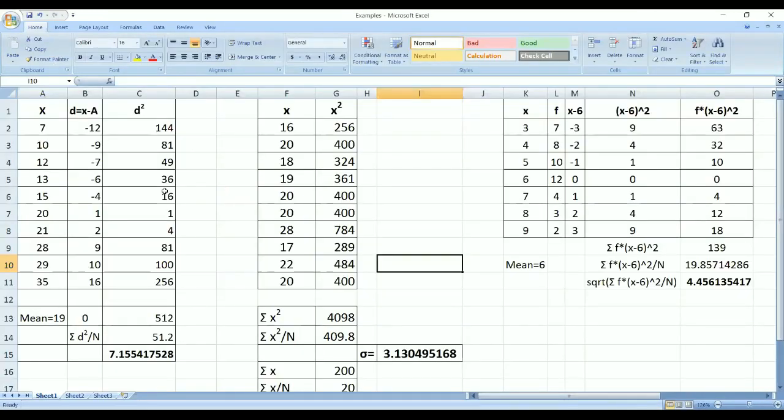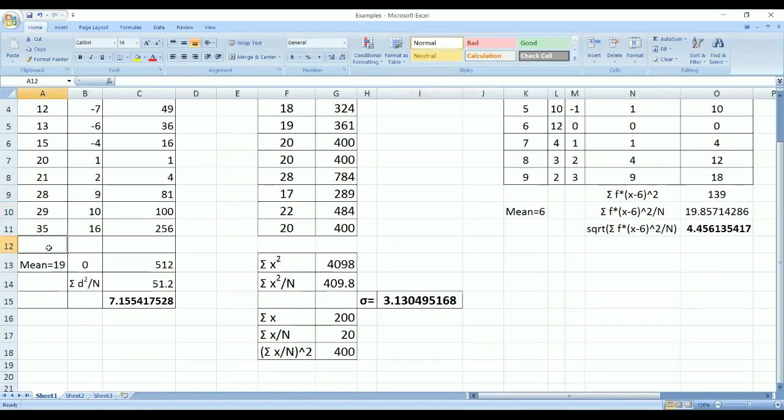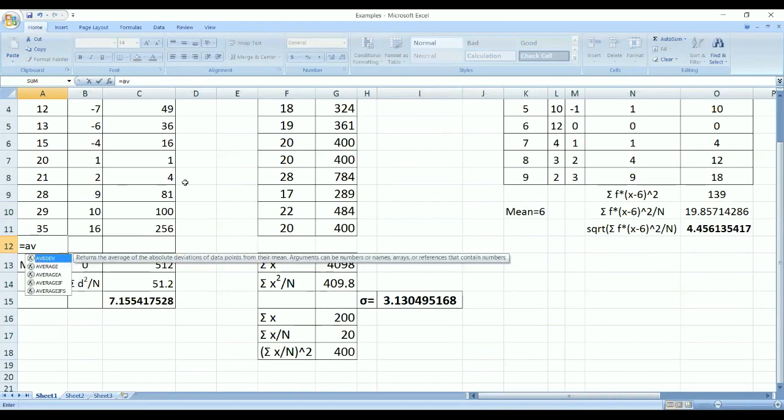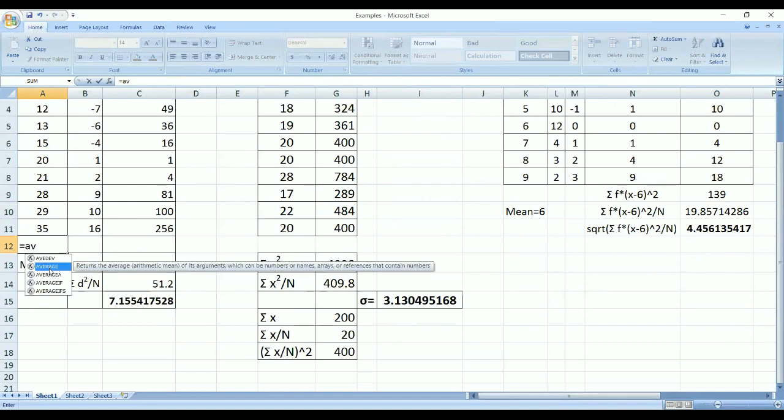Are you able to see the Excel sheet? This is another problem, but I'll show you how to calculate. In the last column, you have to type average. You can see the option first. You can choose the second option, average, which returns the arithmetic mean.